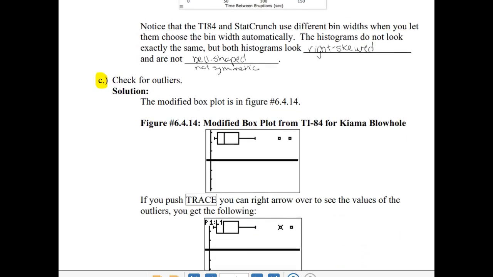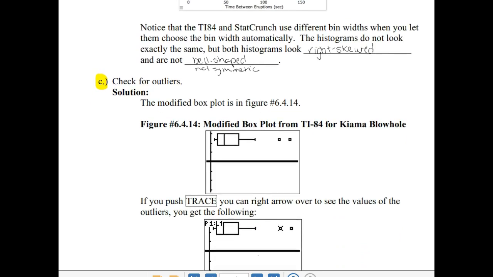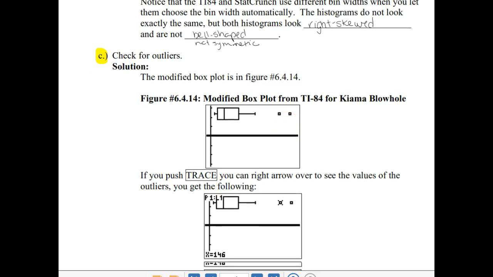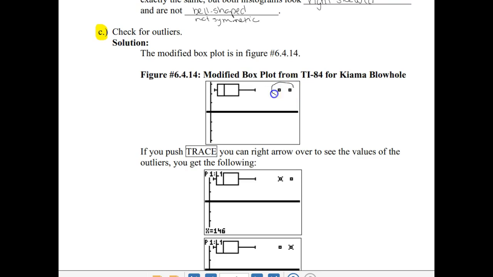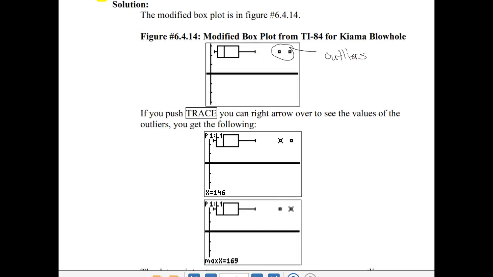So part C, if we go ahead and check for outliers, again, if we had taken the time to type in the big data set into the calculator, again, using Zoom 9 to get our modified box plot, we can push trace to arrow over to see, again, these are outliers, which means they're values that are beyond, in this case, beyond the upper fence. We have high outliers in this case.